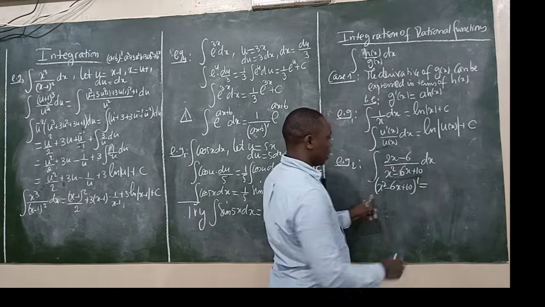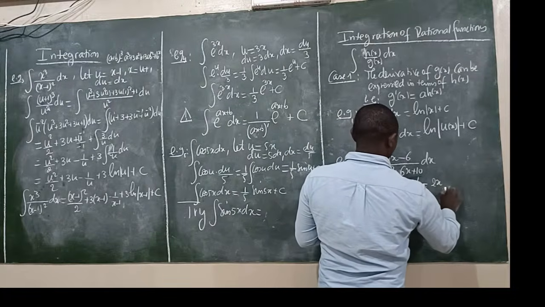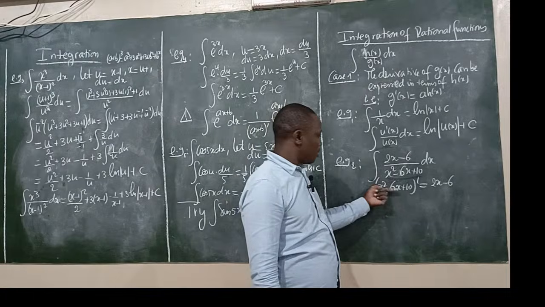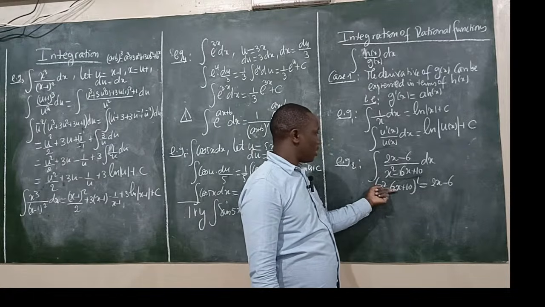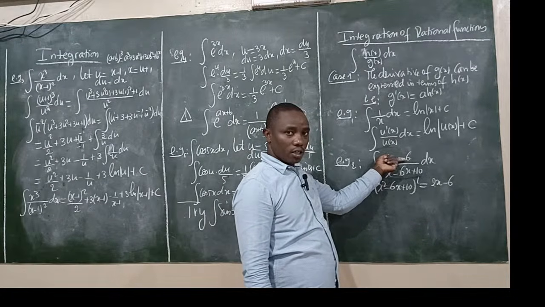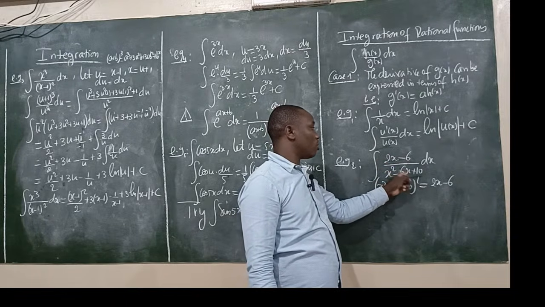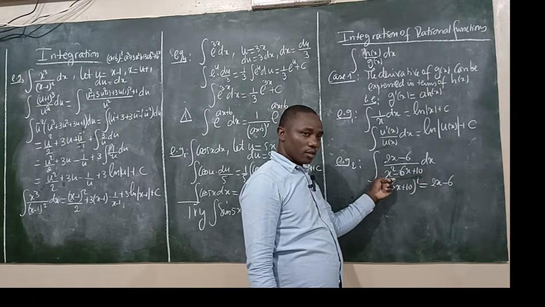This is going to be 2x minus 6. Since this derivative equals the numerator, the integral will be a natural log of the denominator.